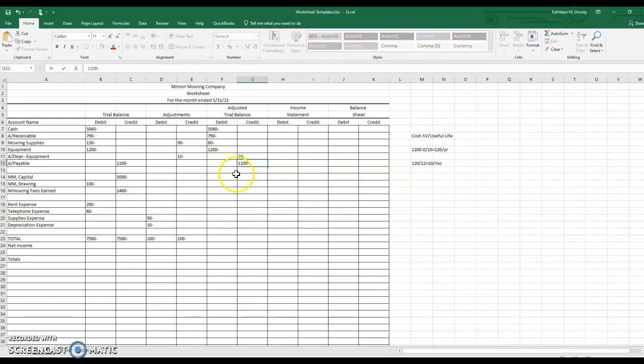Accounts payable is $1,100. Capital, $5,000. 100 debit for drawing, $1,480. Revenue, $200. Okay, and I've got a $90 debit here for supplies and a $10 debit for depreciation.